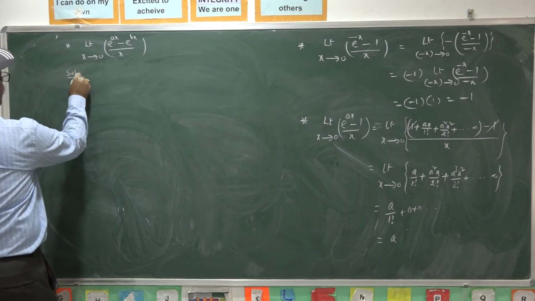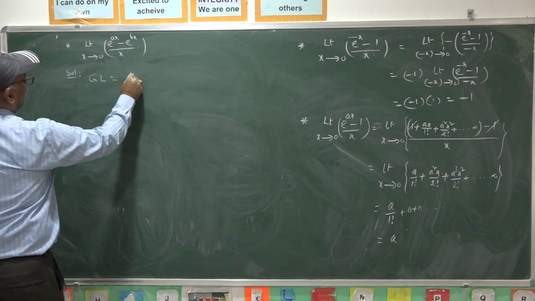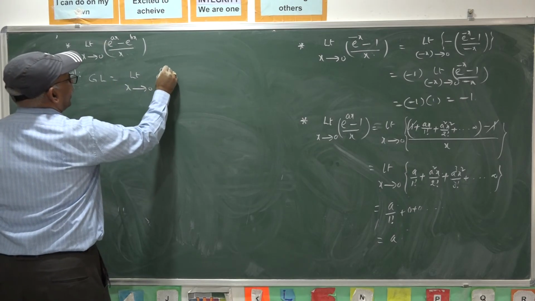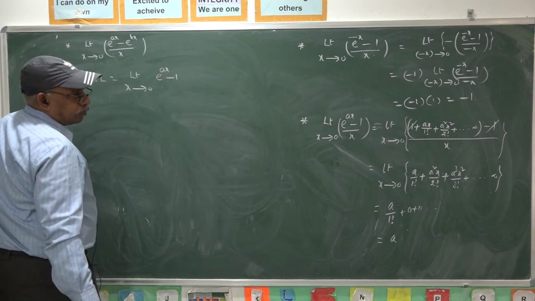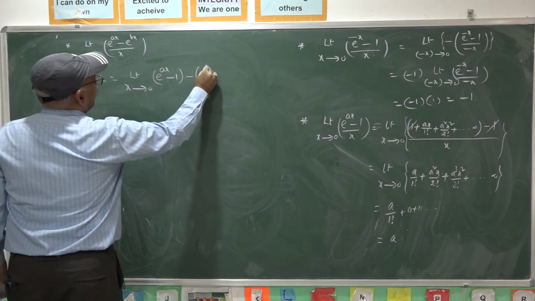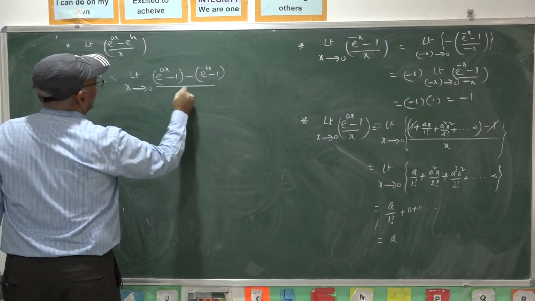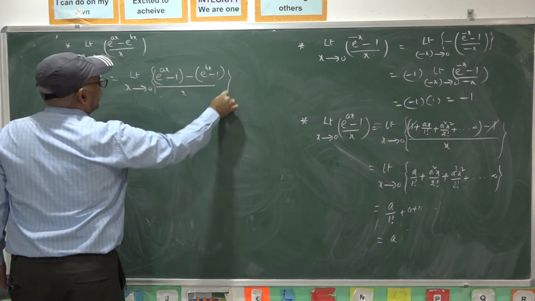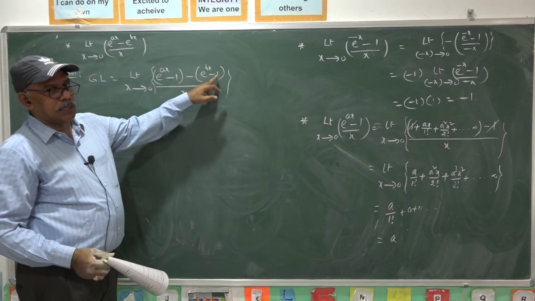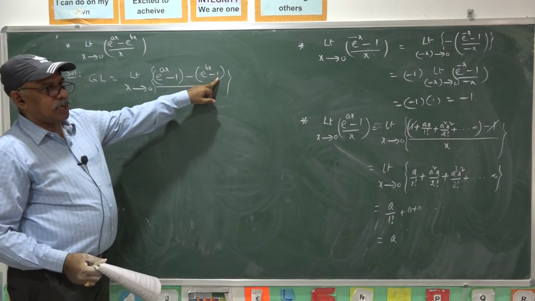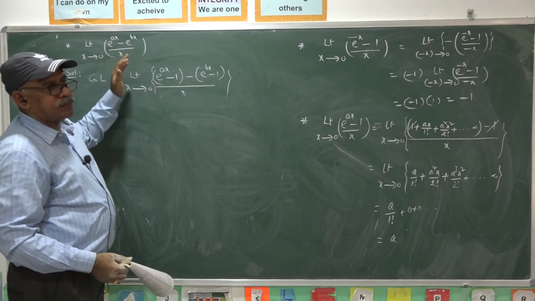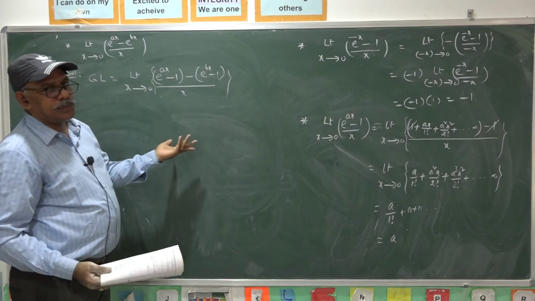Now, to evaluate this limit, write the numerator as (e power ax minus 1) minus (e power bx minus 1), all by x. I am adding 1 because minus of minus here gives plus 1. Adding 1 and subtracting 1 in the numerator makes no change in the function.